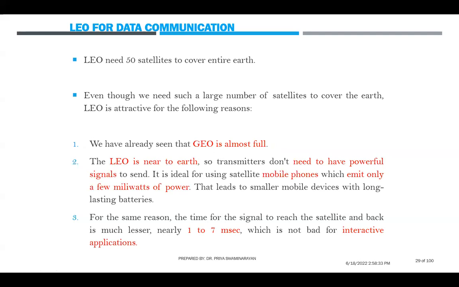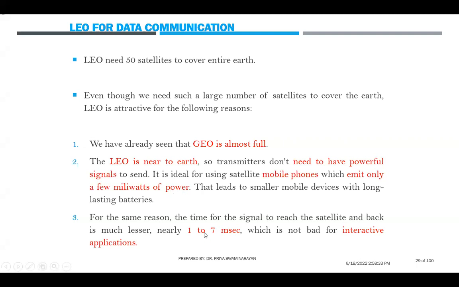Our mobile phone has a very small battery, so it cannot emit a very strong signal. But still, mobile signals can easily travel up to LEO because the distance is very small compared to GEO. So we need a lesser amount of power for communication with LEO satellites.